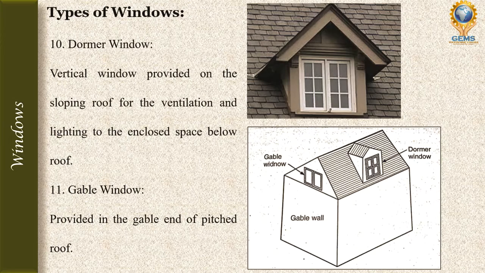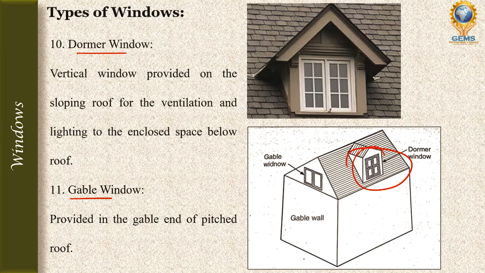The 10th type is the dormer window, and the next type is the gable window. These dormer and gable windows will be provided in a pitched roof, but their position is different. If you take the dormer window, the position is here, where some headroom is there.